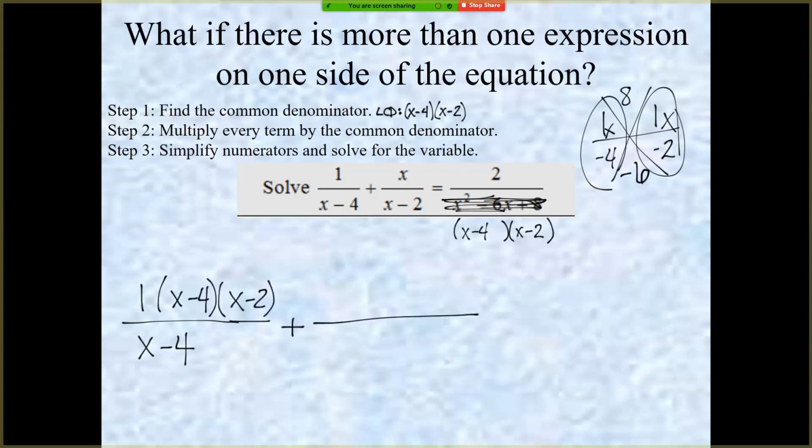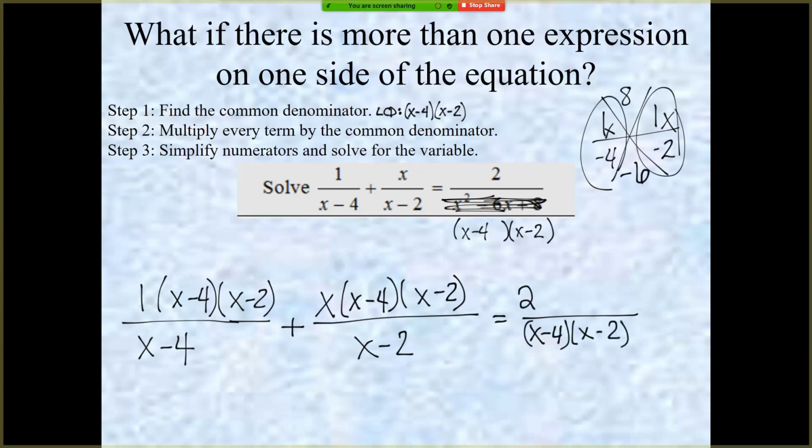Plus the second fraction looked like this, and I'm multiplying it by x minus 4, x minus 2. Then my equal sign. Originally it was 2 divided by x minus 4 times x minus 2. Excuse me. And I'm multiplying it by x minus 4 times x minus 2.